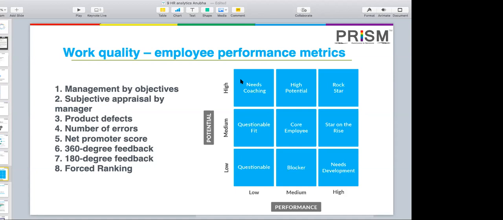So suppose we do NPS with you all, and they say kindly rate Dr. Anubha Walia's session from 1 to 10, that will be used for recommending her to other potential clients. So this is where NPS comes in.